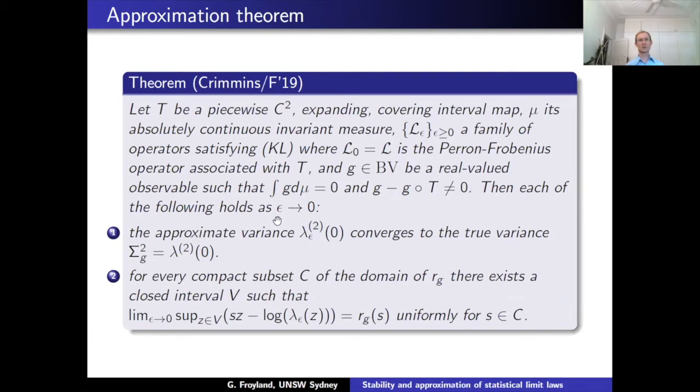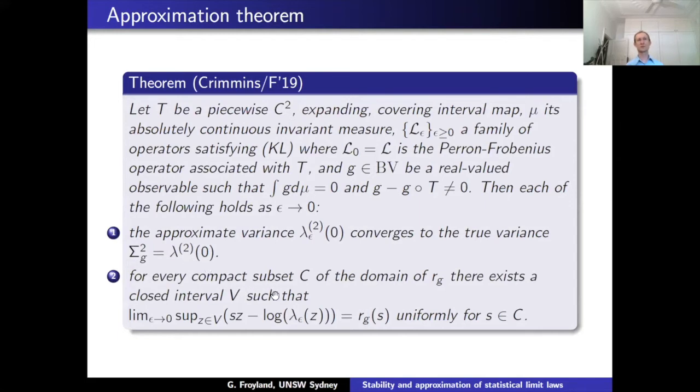All right, then what happens as epsilon goes to 0? If you compute for each epsilon using this formula the second derivative of the top eigenvalue of your perturbed transfer operator at twist 0, then as epsilon goes to 0, these converge to the true, unperturbed value.